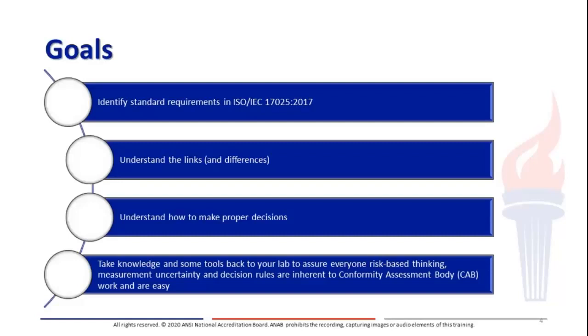We have to understand how to make a proper decision, that decision through mitigating the risk, what kind of risk is associated to the conformity assessment body, and hopefully take away some knowledge and some tools back to your own setting so that everyone can have some risk-based thinking, measurement uncertainty understanding, and the decision rules that are inherent for you as the CAB, and hopefully work through with some ease.